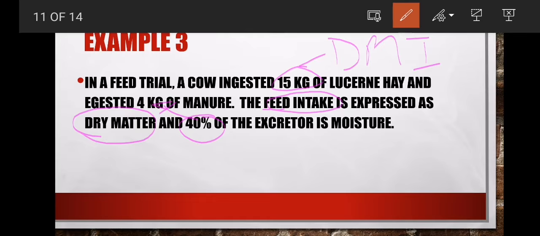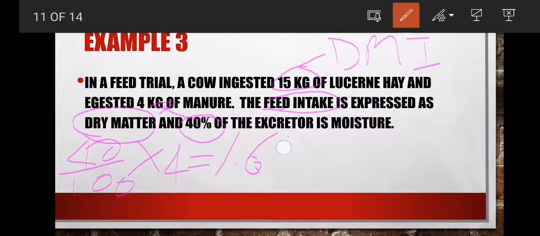Sithe sizoyenza kanjani? Sizoqala sithi lo 40 divide by 100. Sizothi multiply by what? What is the total outtake there with the manure? Multiply by 4. Sithole ubani? 1.6. This 1.6 kg yi-moisture ne?